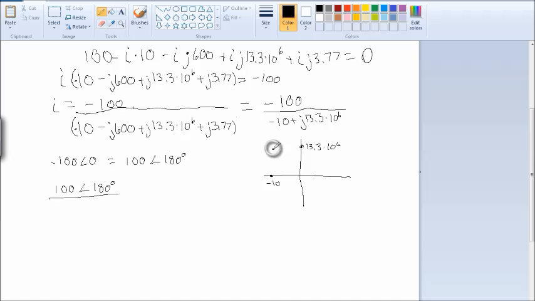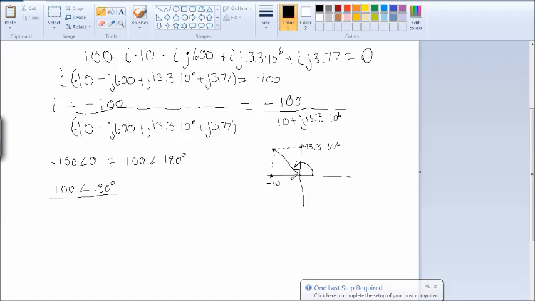So that means here's our vector. So if we want to have this in polar form, we need this angle right here, and we need the magnitude of the line.